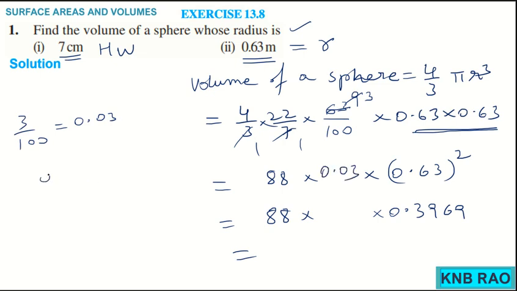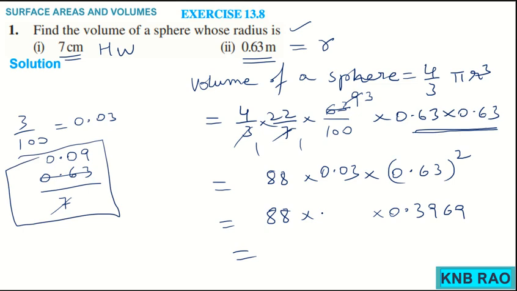When I am cancelling 0.63 upon 7, this 7 cancels. 0.6 is smaller than 7, so first 0 has to come here. So 7 cancels with 0.09 times, giving you 0.63. That's how. So there I went wrong.